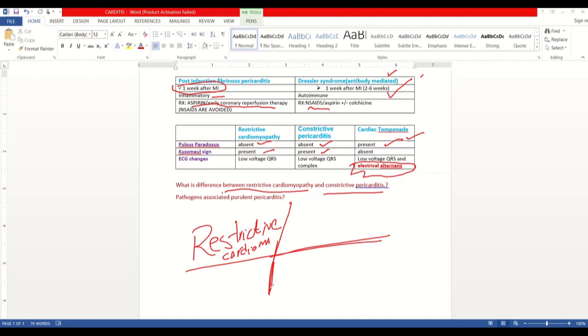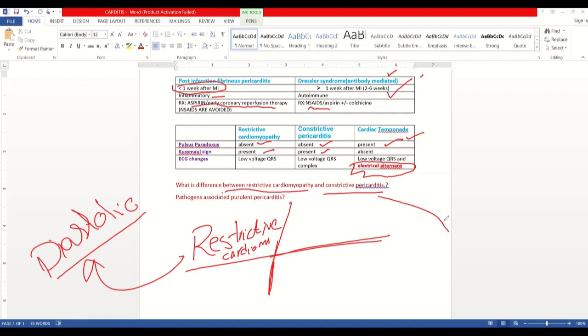Both lead to a diastolic problem. But the pathology is in the myocardium in restrictive cardiomyopathy, while in constrictive pericarditis the pathology is in the pericardium, with chronic inflammation and fibrosis, right? Constrictive pericarditis also impairs ventricular filling, right?